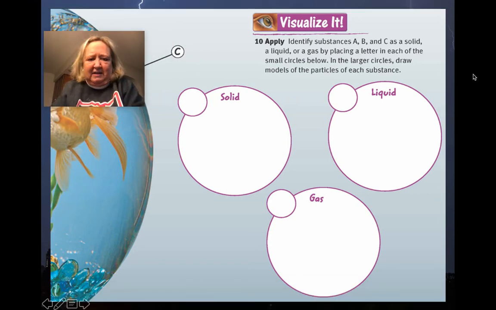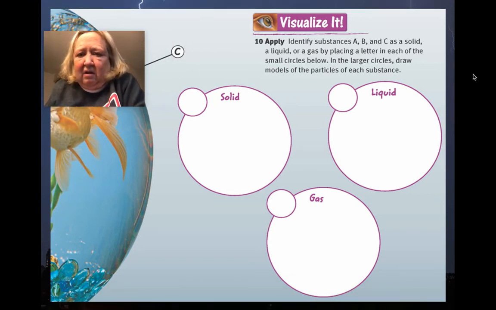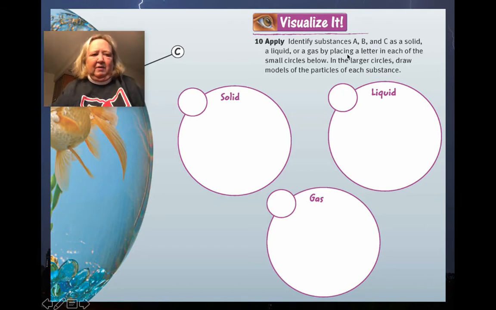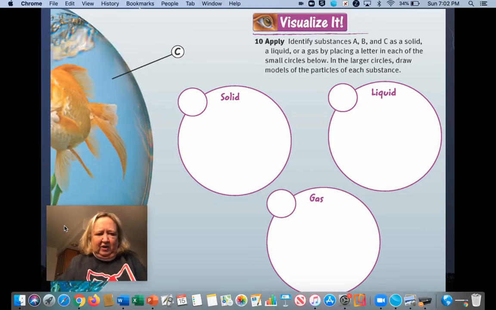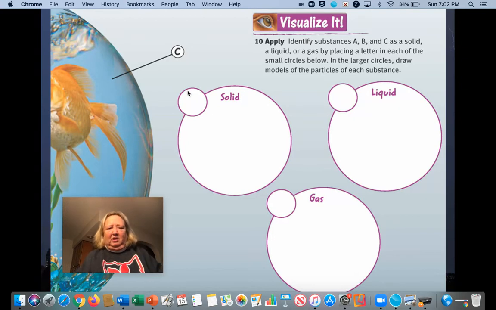Now let's look at these three things. Identify substance A, B, and C as a solid, liquid, or gas by placing a letter in each of the small circles below. In the larger circles, draw models of the particles of each substance. They're not showing you much here, but let's look at this.